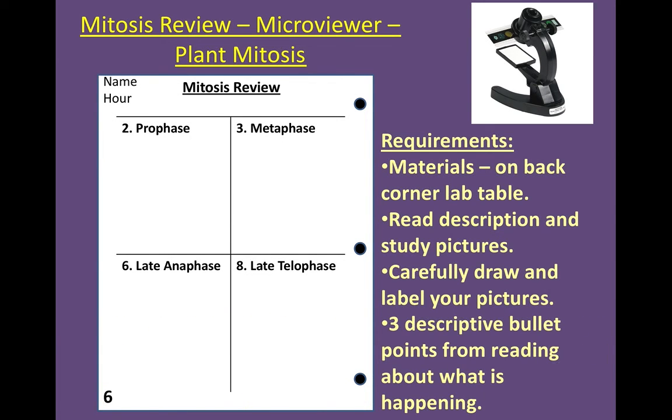Then I'd like you to add 3 descriptive bullet points from the reading of that section about what is happening. So it can be bullet points, but when I say descriptive, they're probably going to be bullet points that are the length of a sentence. Even if they're not a complete sentence, they should be the length of a regular sentence. Okay? This is option number 3.